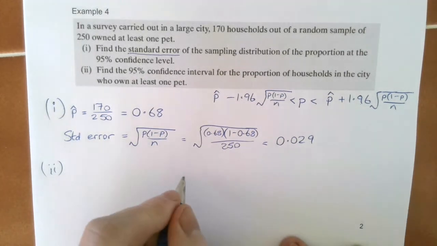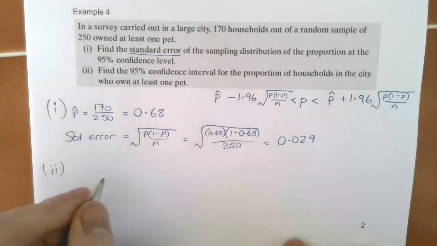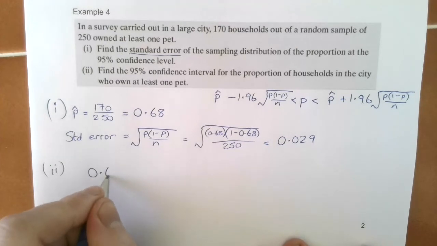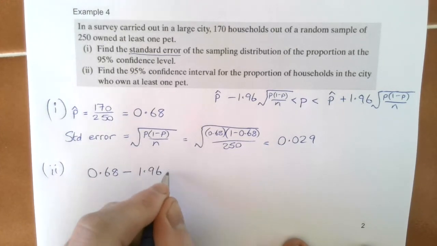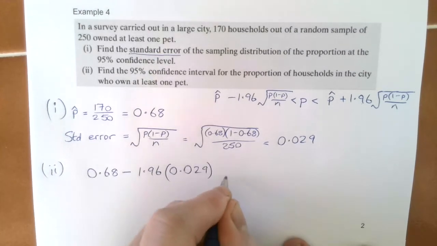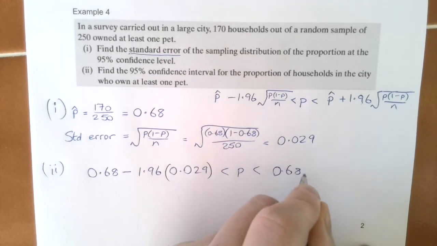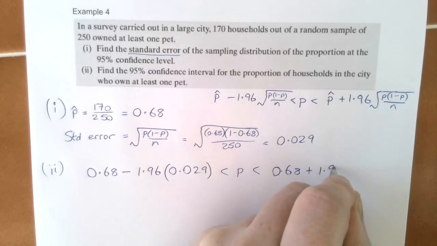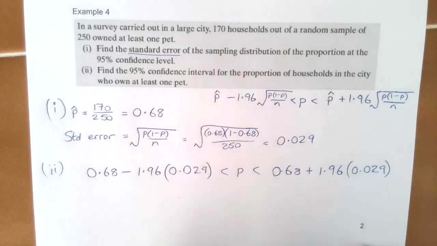We can write down our confidence interval. Here's our formula here. Instead of writing the full thing out, it's going to be 0.68 minus 1.96 by 0.029, and then 0.68 plus 1.96 by 0.029. And we can put each side into the calculator.